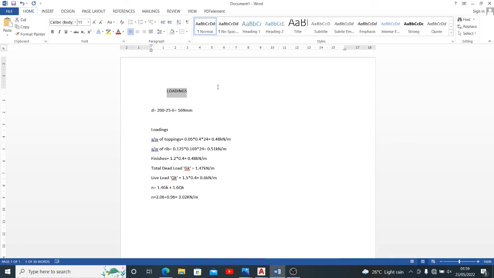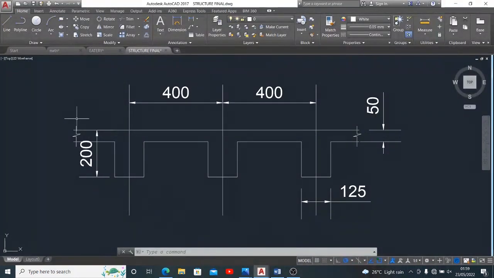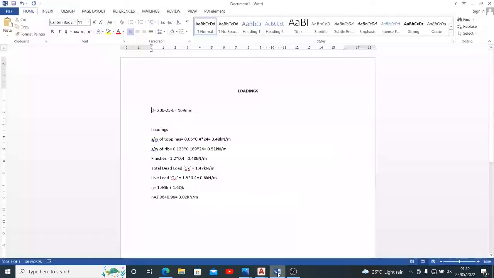Now for the loadings, to obtain our effective depth, we have 200 for the overall depth, and to have the effective depth of this rib, we'll need to remove our cover and half of the bottom reinforcement.